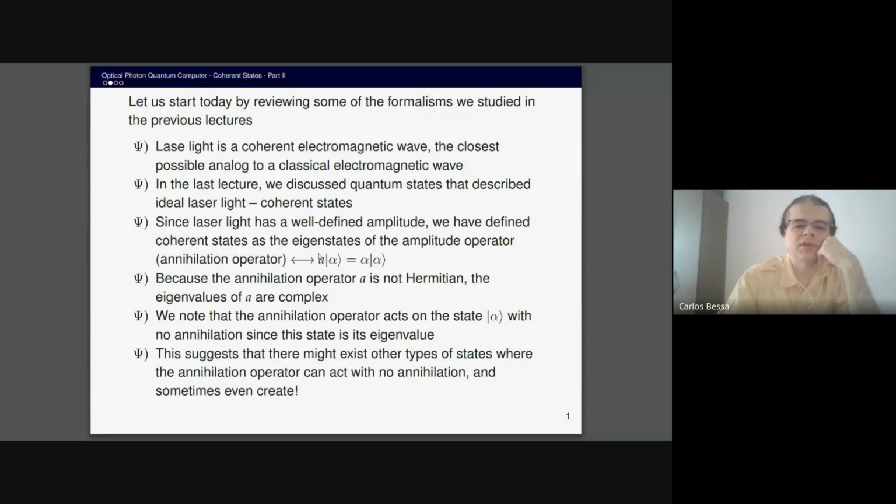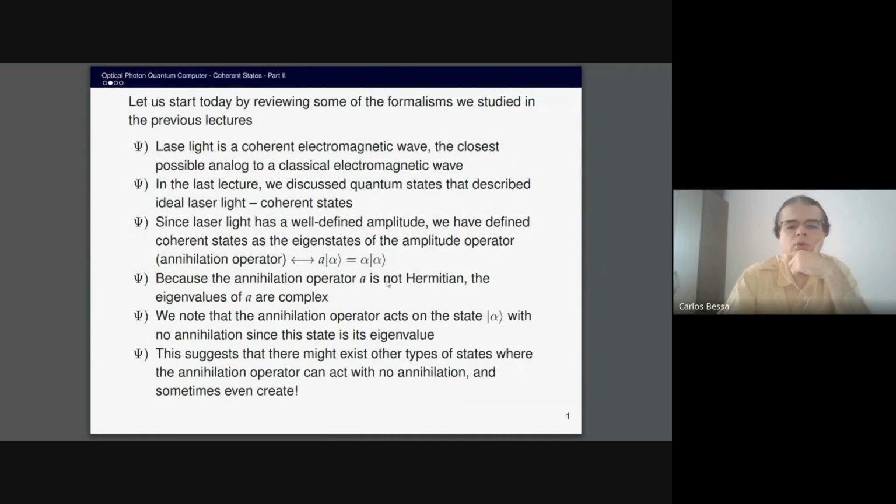That's why in some books you can find this operator called the amplitude operator instead of the annihilation operator. We define the coherent state, which we call alpha. We showed that A applied to the ket alpha gives alpha times the ket alpha: the eigenvalue for the ket alpha is given by the same letter, alpha.